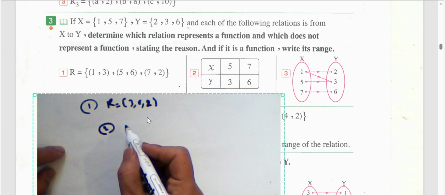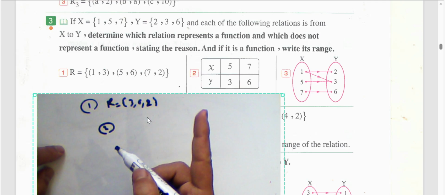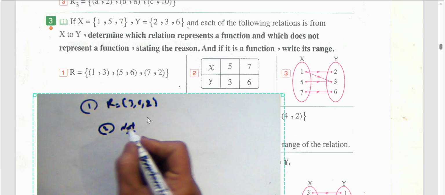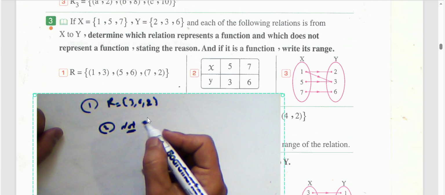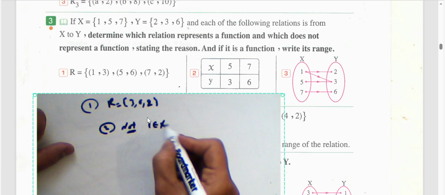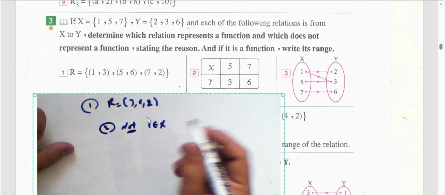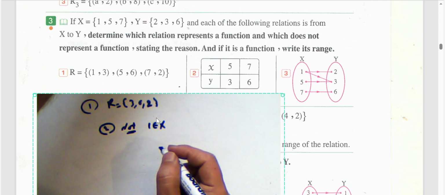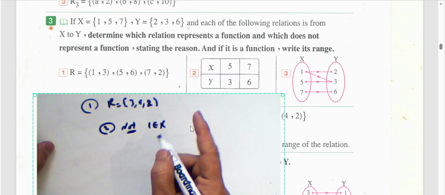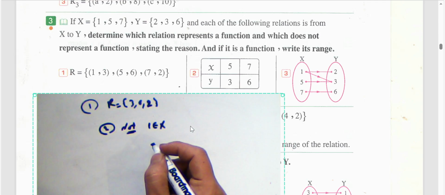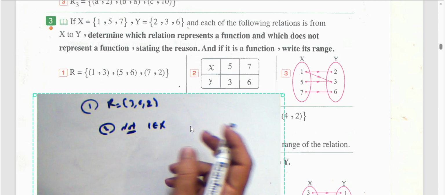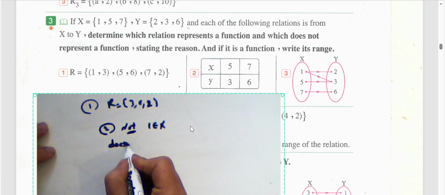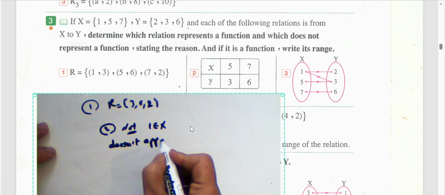Number 2 is not a function because the element 1 doesn't have any image in the table. Write here with me: because the element 1 belonging to X doesn't appear as a first projection in the table.